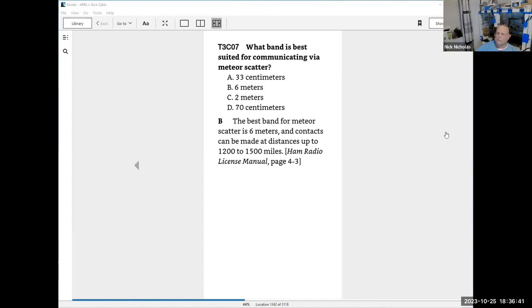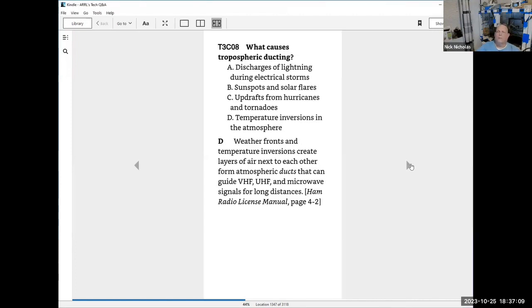So keep in mind, if you ever want to bounce a signal off a meteor, it gives you a scatter, so it'll be slightly distorted, but it's still intelligible and you can make contacts and work people. A good 1,000 miles, sometimes if you're lucky as much as 2,000 miles, but 1,500 is probably close to the max. And it's pretty cool.